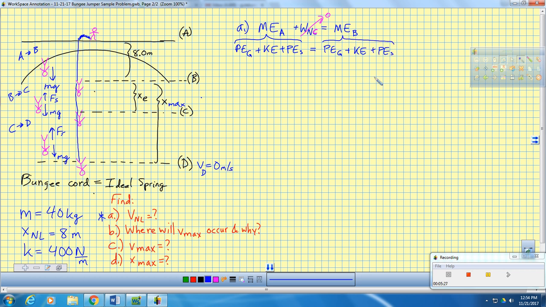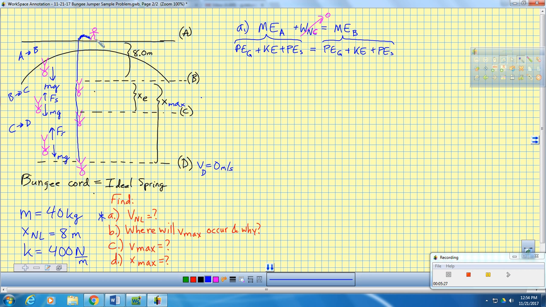All right, with those three chosen, how much energy we say of any of those three kinds that we have depends on what we choose as our reference point. So for the spring potential energy, we have no choice. As soon as we start stretching our spring, so as soon as we go past the natural length of the spring, we start storing spring potential energy.